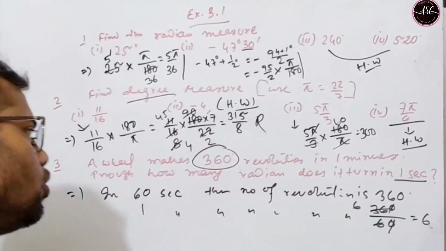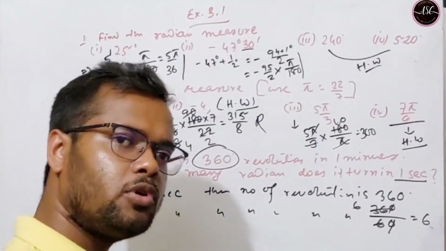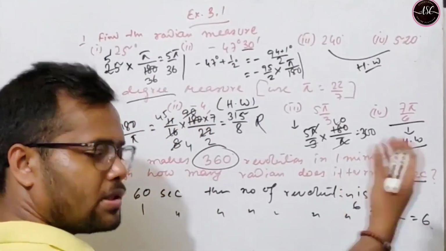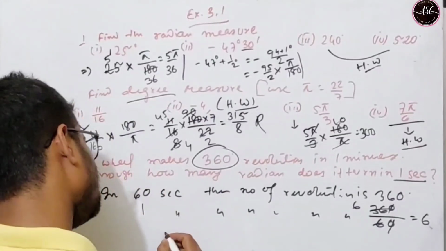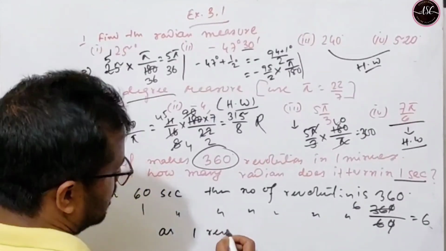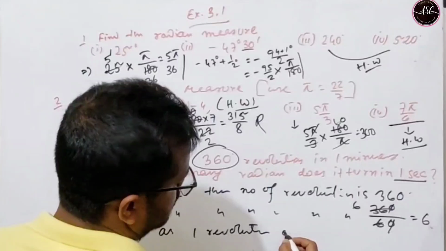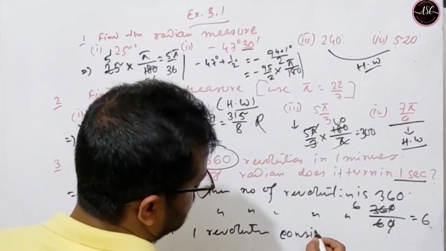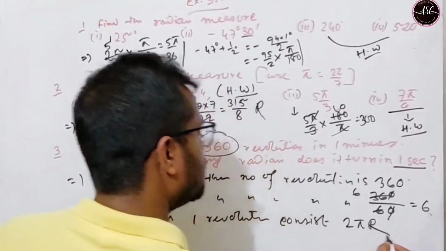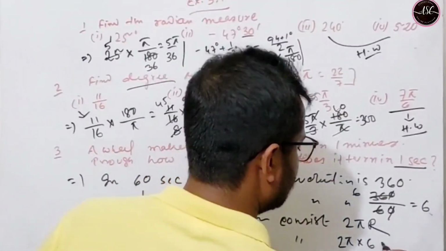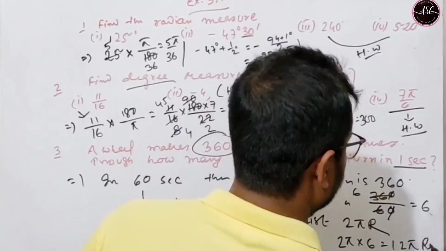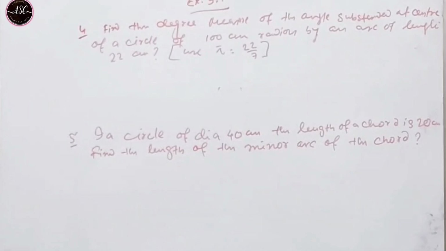Okay. So 1 revolution consists of 2 pi radian. So 6 revolutions consist of how many radians? As 1 revolution consists of 2 pi radian, 6 revolutions consist of 2 pi into 6, that means 12 pi radian. Okay. Just look at this question.